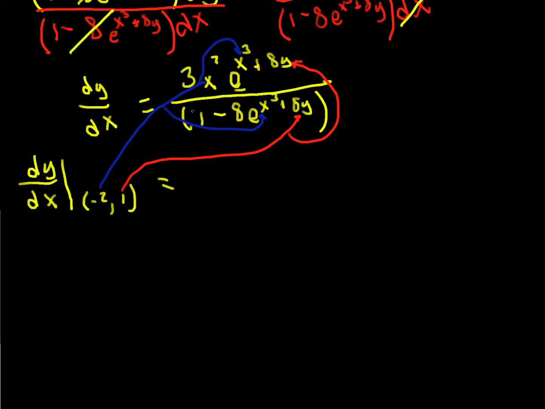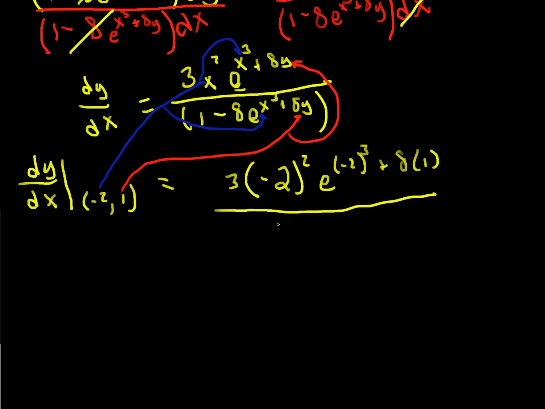So this is equal to 3 times (-2) squared e to the (-2) cubed plus 8 times 1, all divided by 1 minus 8 e to the (-2) cubed plus 8 times 1, which is equal to, so (-2) squared is 4, times 3 is 12.